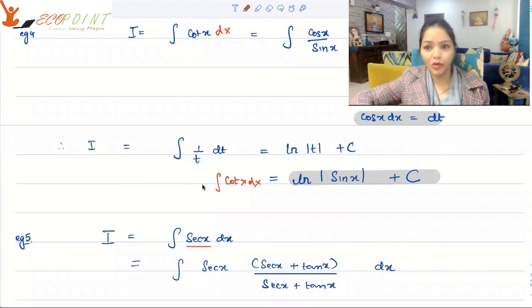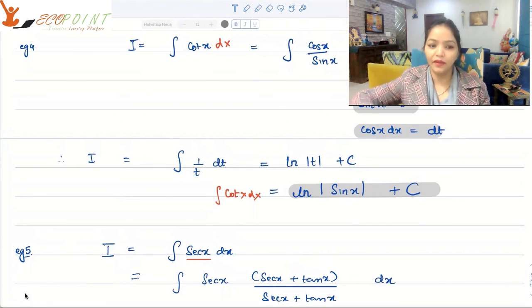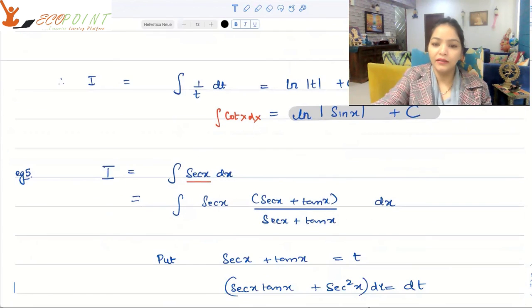Secant is 1 upon cos x, but I will not be able to integrate it just like that. So what we do when it comes to secant x, we multiply and divide by sec x plus tan x.